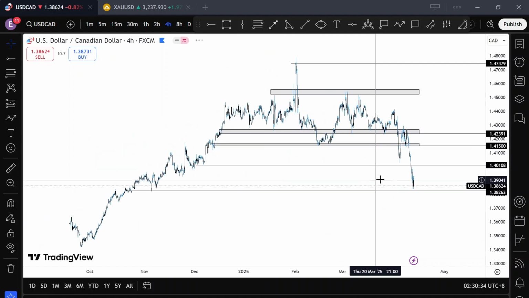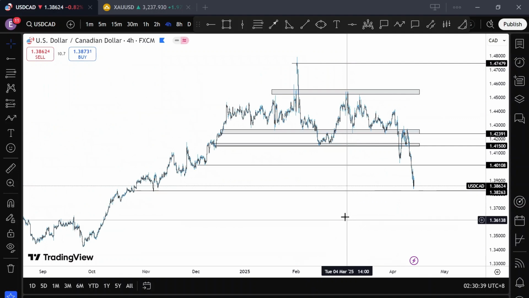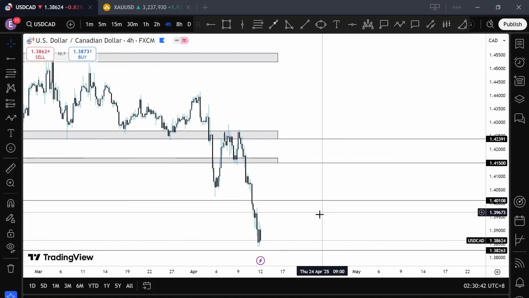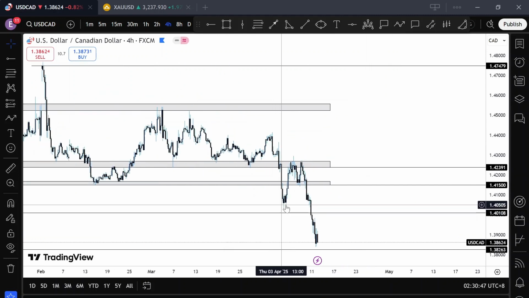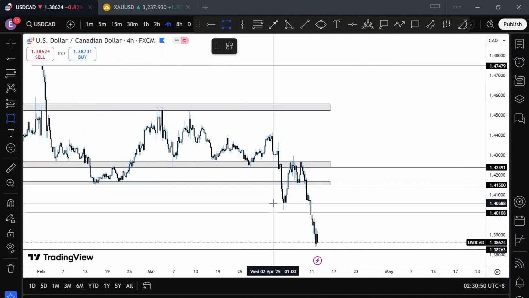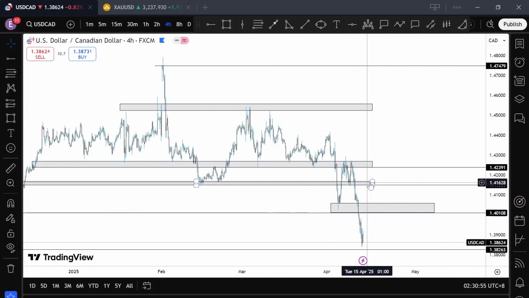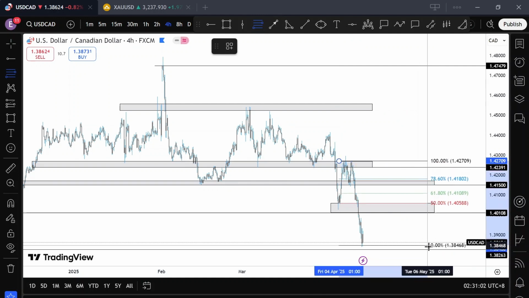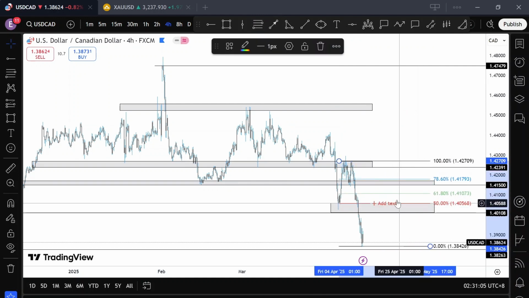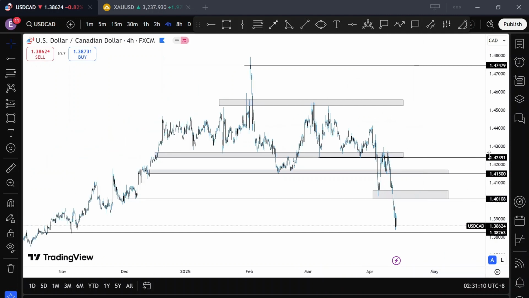USDCAD, which is inversely correlated to Pound USD and Euro USD, is something where I want to see price pull back to continue to the downside. We've seen the previous low it made around this region here, so we can call it the whole of this region. So I'll extend this a little bit. From this high to this low here, if we pull back, it will be around this region, over extension at the 61.8% region.